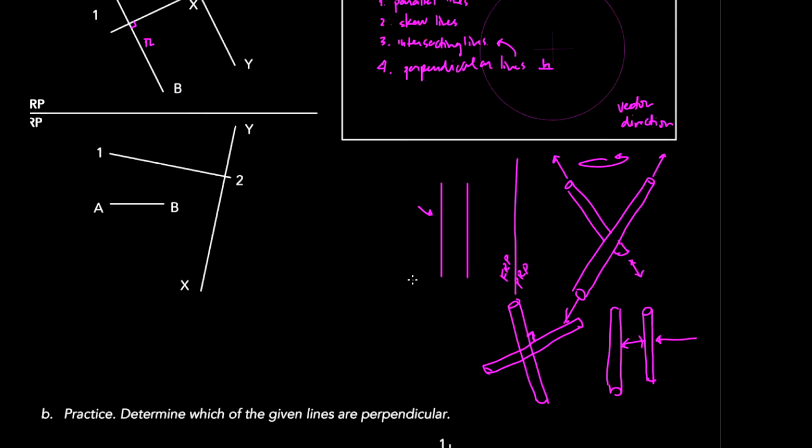Meaning, as long as meron siyang general orientation, kunwari, ito yung vector natin. If it's in the 3D space, pwede nating galaw-galawin itong direction, yung vector na to, as long as it maintains its orientation. For example, ito yung orientation niya.